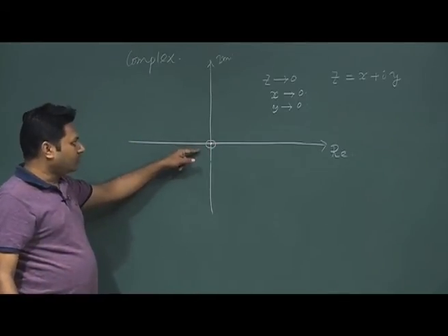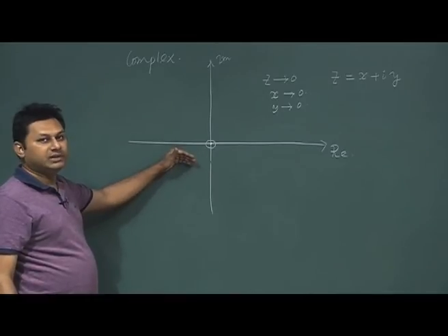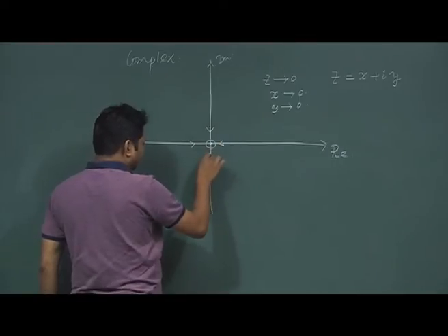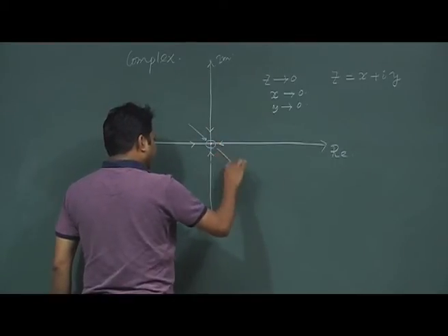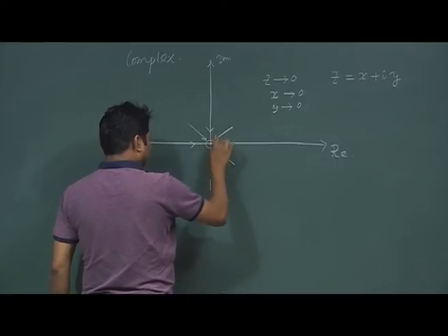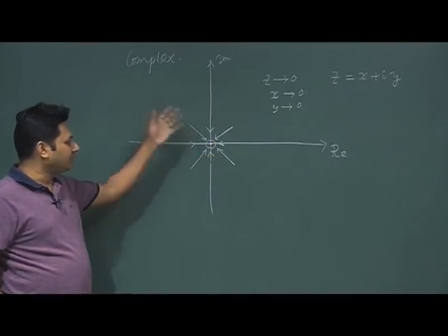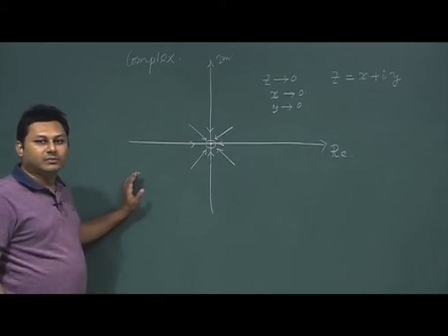So, this approach is not in any particular direction, because I can approach from this to this, I can approach from this to this, and I can approach from any arbitrary direction I want. This is something which is entirely different from the real case.